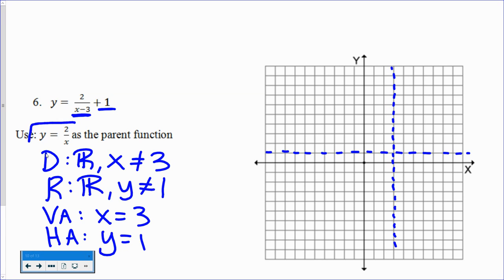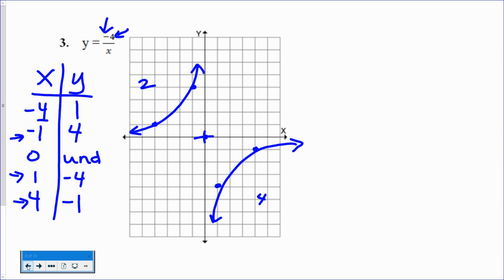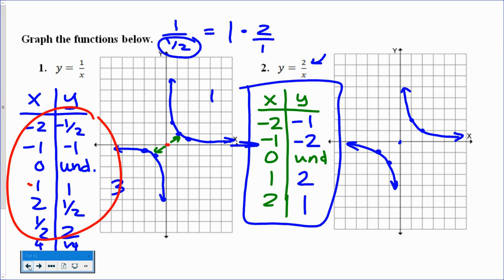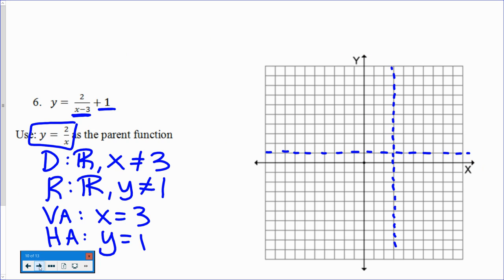All right, so my suggestion is to use the y equals 2 over x points that we already made as we look back at this table right here. I would just repeat that table, but I'm working from this as my new origin spot because I moved it right 3 and up 1.